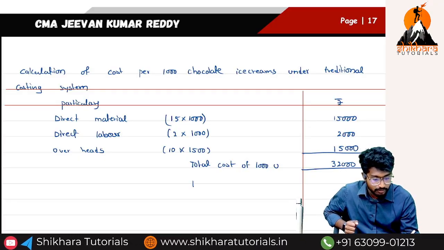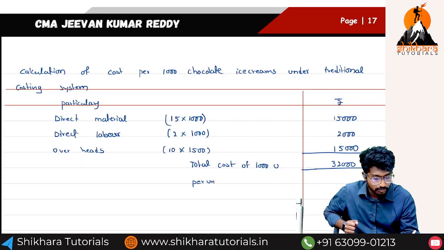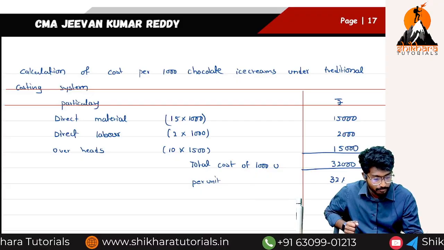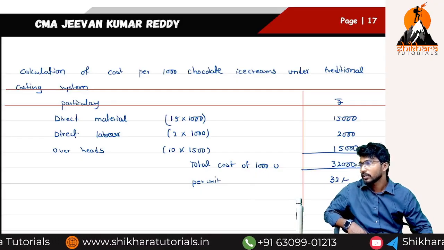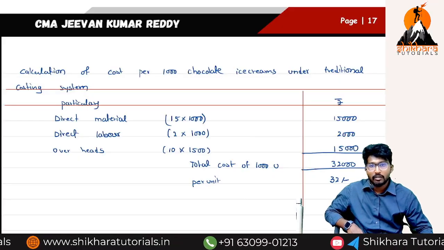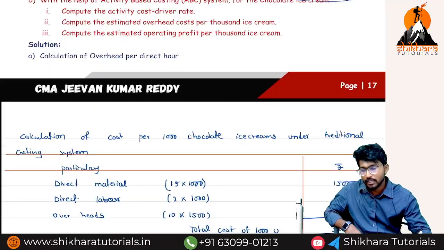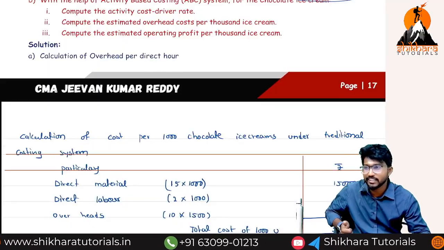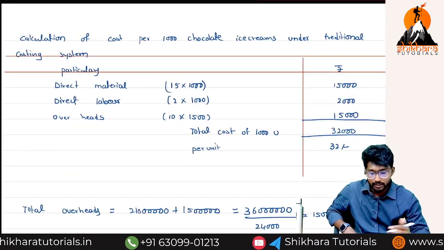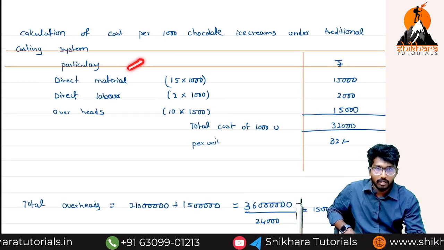Then per unit is equal to how much? 32 rupees. This is according to which method? Traditional costing method. Under the traditional costing method, the pro forma is particulars, amount.